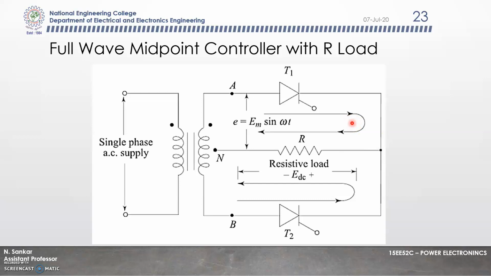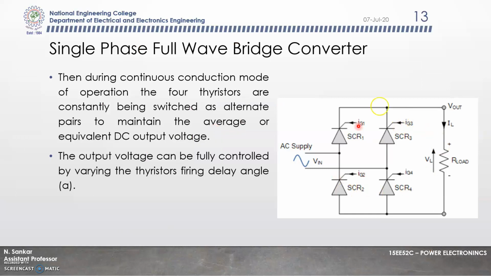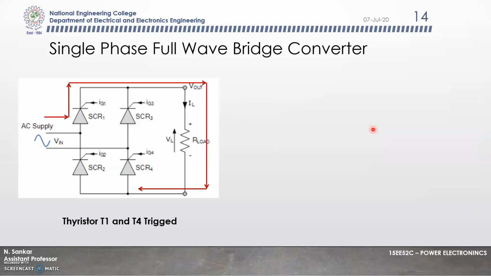So for a complete cycle we use two pulses to control the final output voltage. So these two circuits can be called a two pulse full control converter with resistive load.